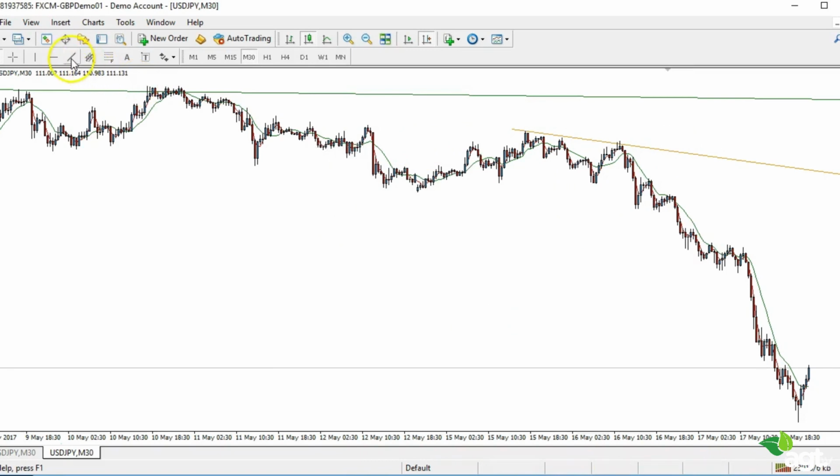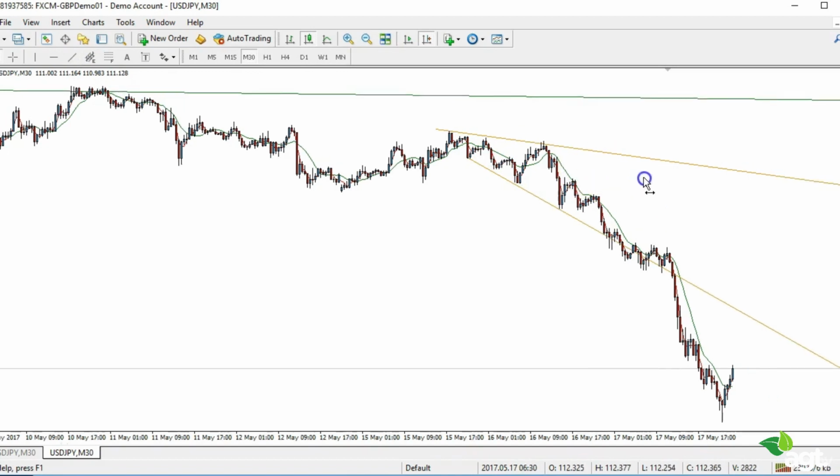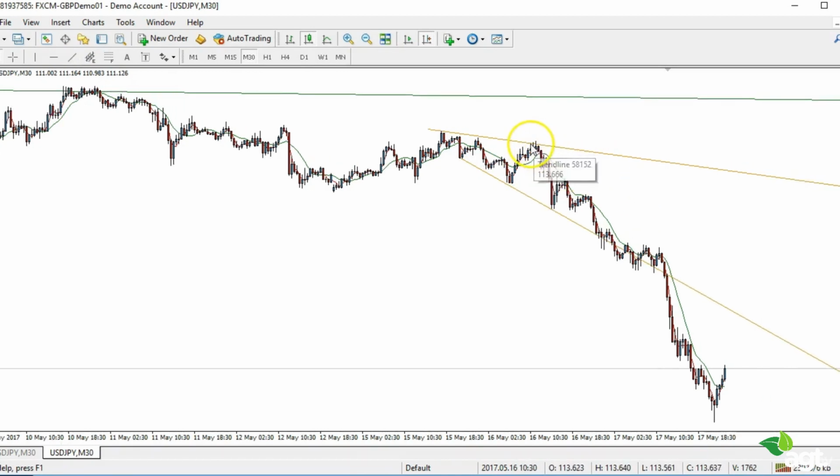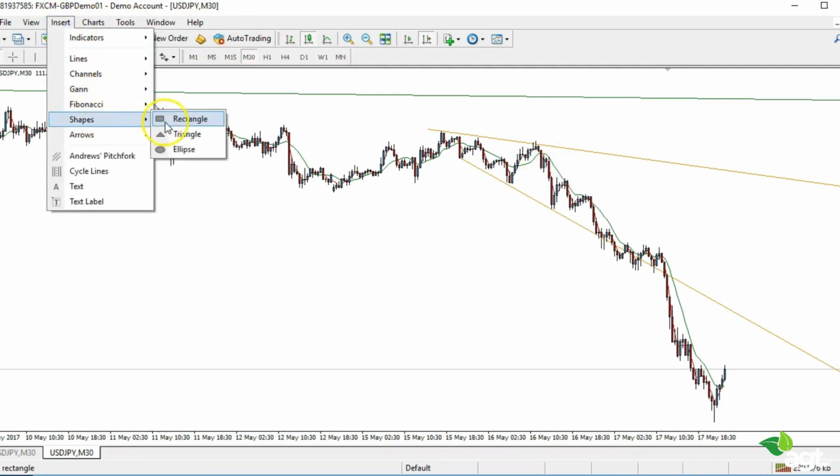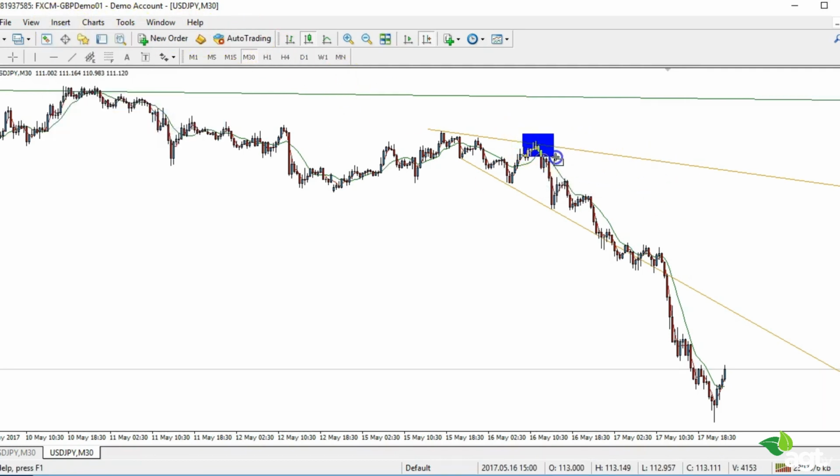And we can see that on the 15th and 16th of May, we started getting this megaphone channel. There was a key moment here, which happened at 12 o'clock on the 16th of May. If I put a little shape there, it was the third bounce off this upper trend line, and it was a widening pattern.